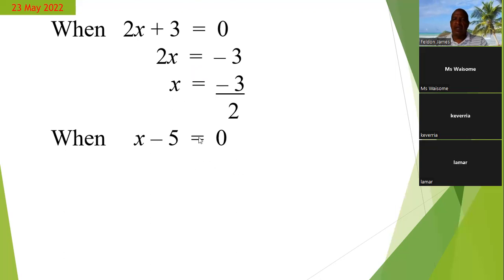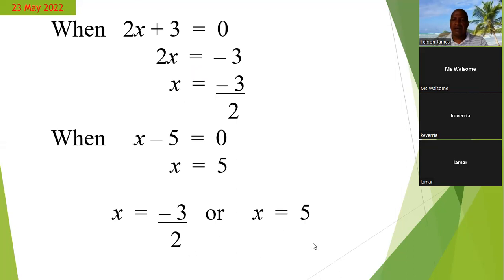And so we just bring the negative 5 to the right-hand side, so x will be positive 5. And so our two values for x will be either x equal to -3/2 or x equal to 5.